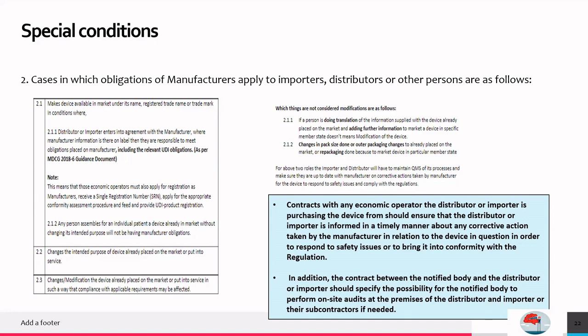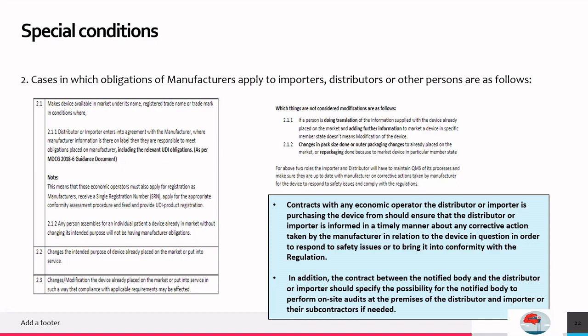So if they are being given, apart from the mandate provided by the manufacturer, an agreement to an authorized representative is the minimal necessary requirement as per MDR. But an agreement between the manufacturer and other parties apart from the authorized representative is not necessary, but it is a proof that these are the responsibilities I expect from this party.